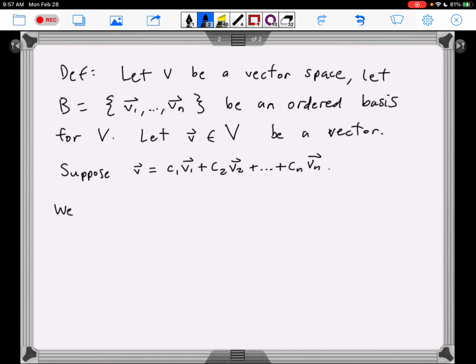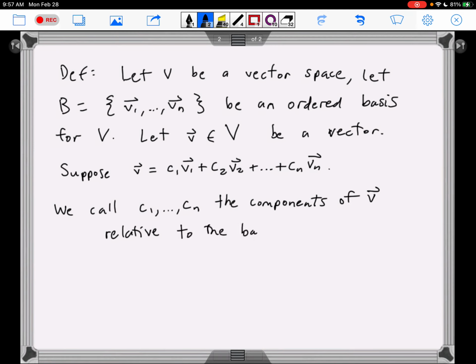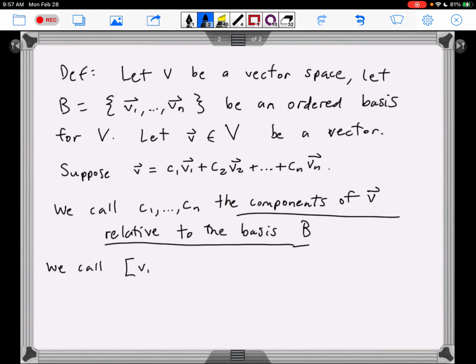So we call the constants C1 to Cn the components of V relative to the basis B. Components of V relative to the basis B. Also, let's abbreviate it this way.